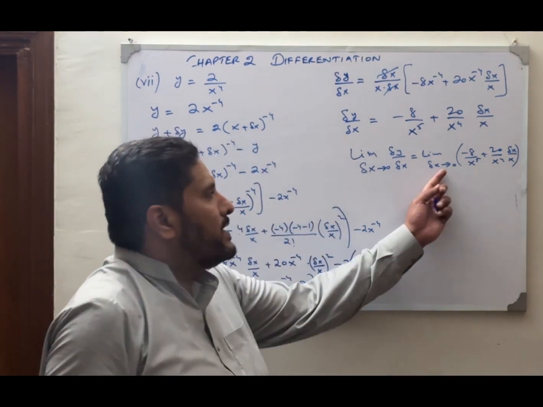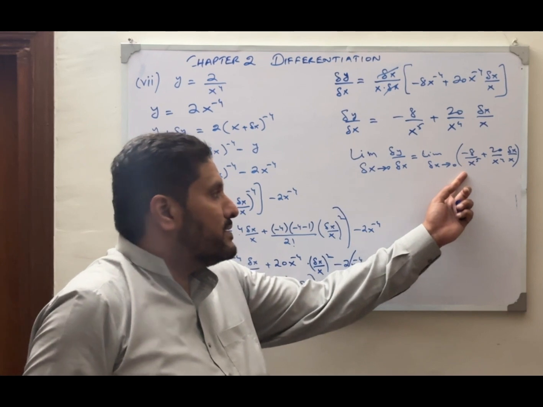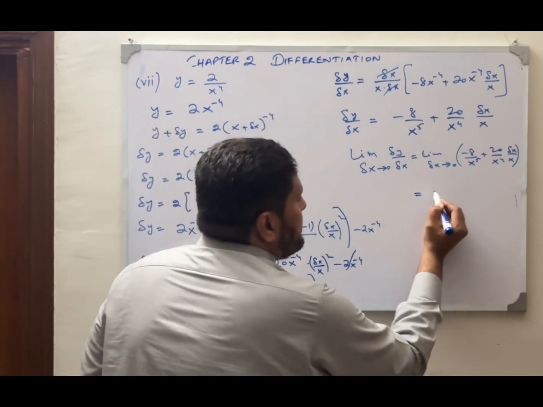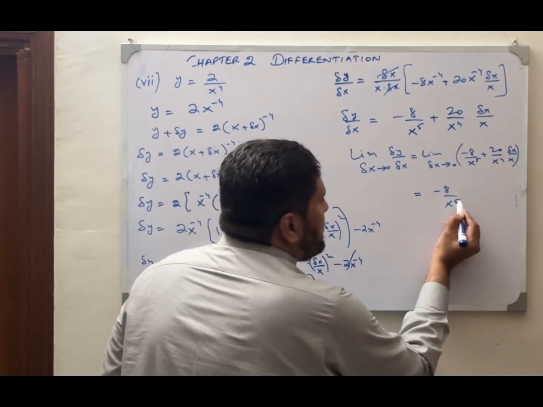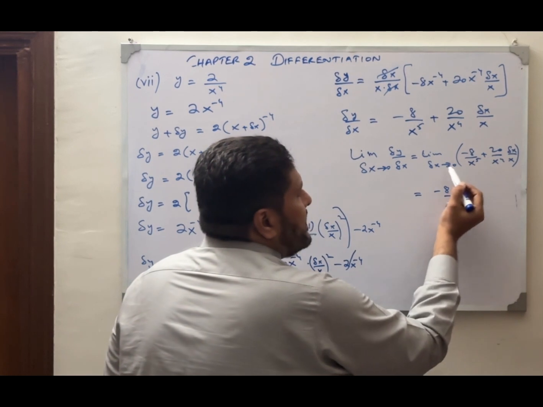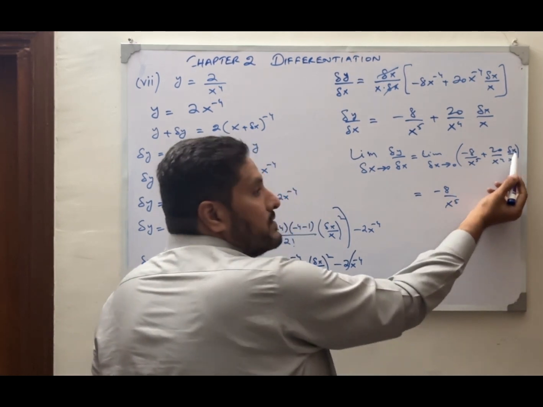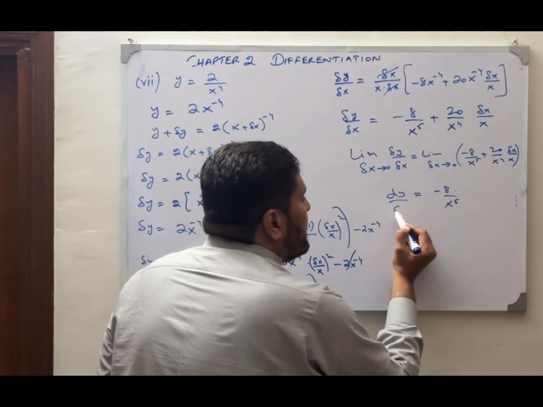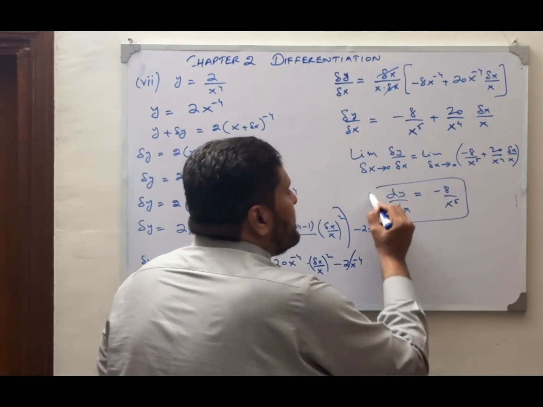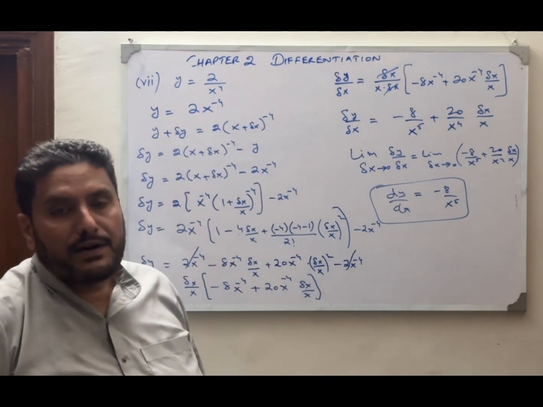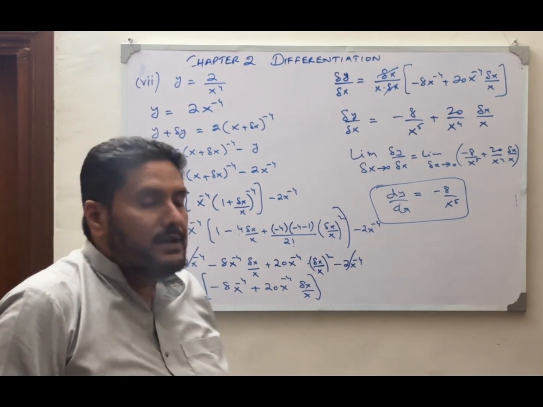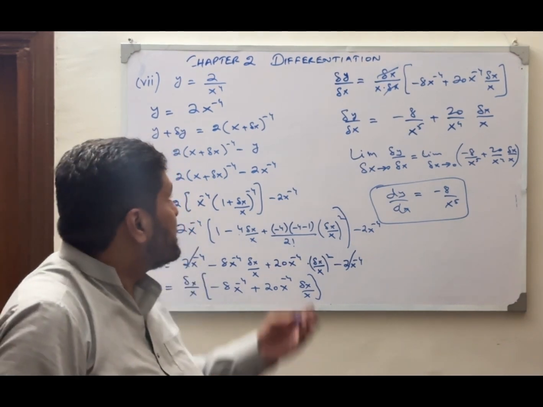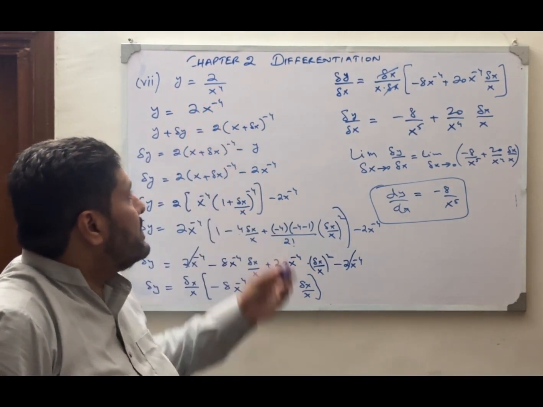When we apply the limit, this first term will remain as it is, that is minus 8 over x5, and for the second term, as delta x approaches 0, this whole term will become 0. So our dy by dx is equivalent to minus 8 by x power 5. So this will be the derivative for that given function, 2 by x power 4.